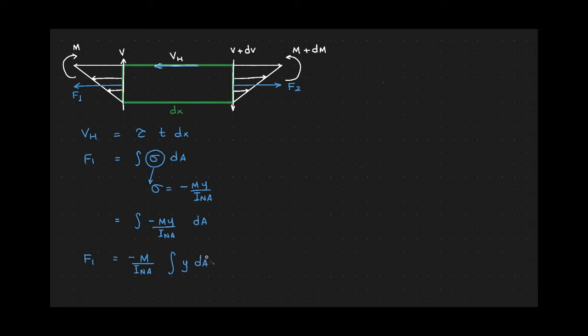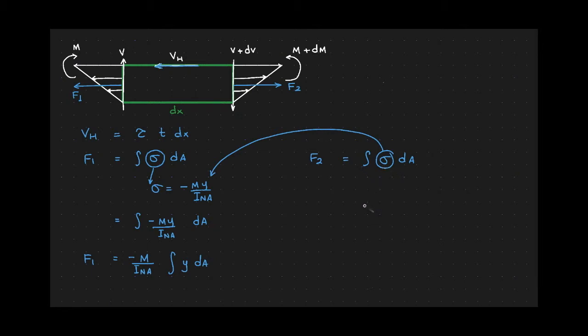Similarly, the resultant of the differential forces integrated over the right end of the segment shall be called F2. F2 is also equal to the integral of sigma dA, and again, sigma is replaced with negative My over I of the neutral axis, but the sigma of the right segment is different than the sigma of the left segment because the moment of the right segment is not M, but M plus dM.